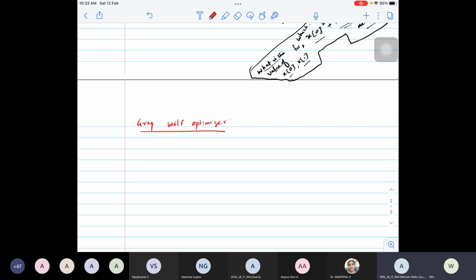This is also a population-based metaheuristic algorithm that simulates the leadership hierarchy and hunting mechanism of gray wolves, and it is able to produce some results.